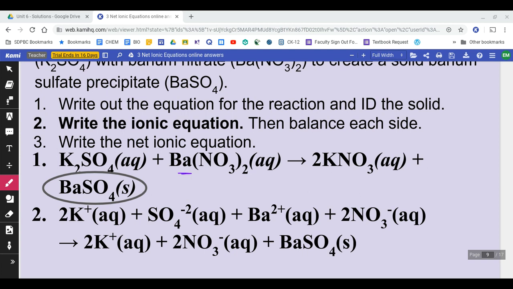Next, we have Ba and NO3, so we get BaNO3. There's a 2 up here, so it's 2NO3. On the other side, we have 2 potassiums, and we'll also have 2 nitrates. And then BaSO4, we don't separate that because it's the solid made.